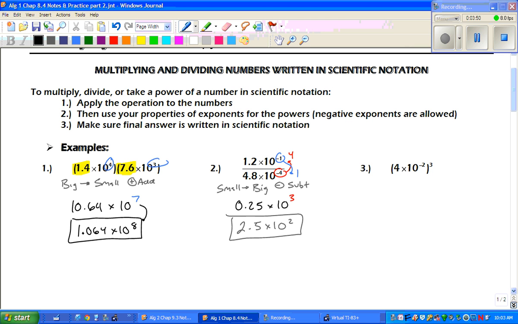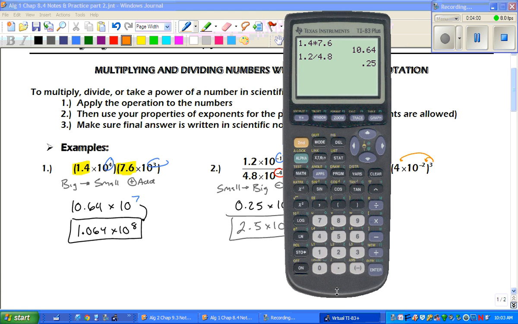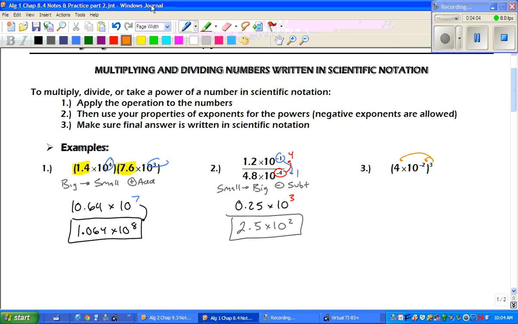Now, for problem 3, when we've got this, we have to distribute the exponent. So I need to know what 4 to the 3rd power is, which is 64. So 64 times 10 to the negative 6th.